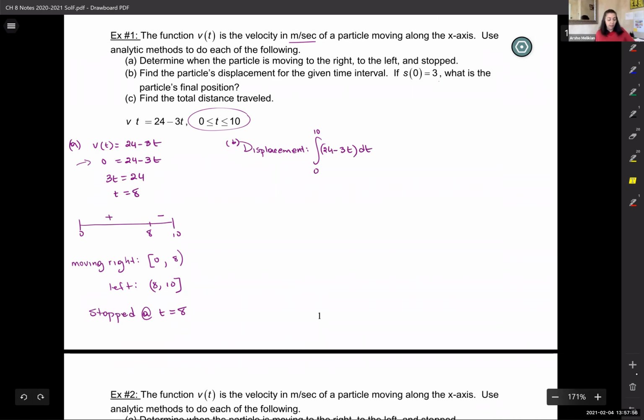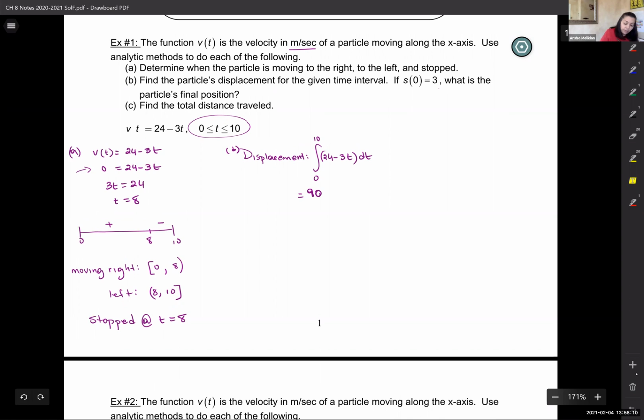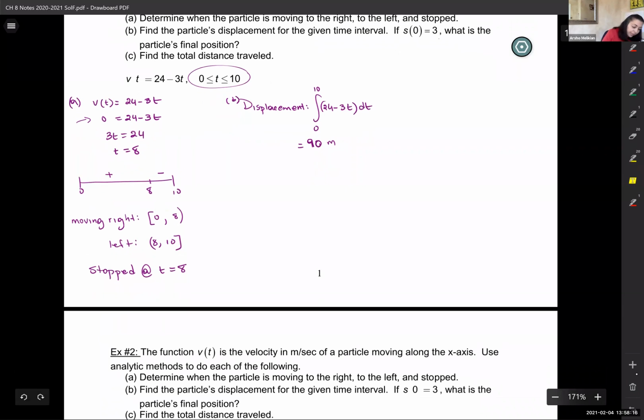Okay? And that just goes back to the previous chapter. I know you guys know how to find the integral. So displacement is 90. And because my units were meters per second, this is in meters. Okay. Now, what does that mean?